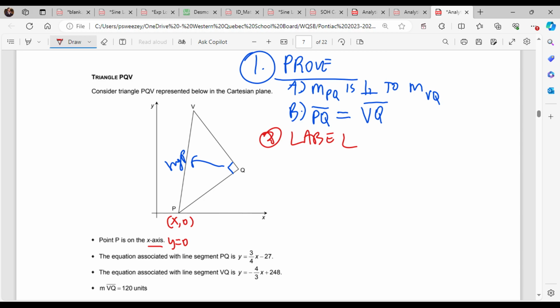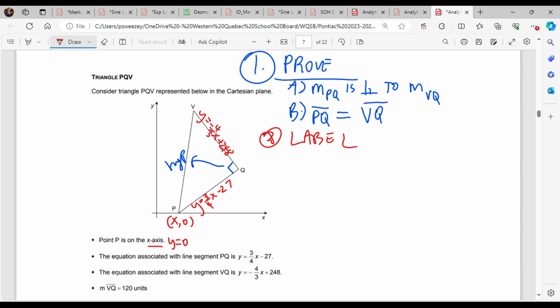Okay. The next thing is the rule of this line. So PQ is 3/4, so if you want to write it on here, 3/4 x minus 27, and then this guy here is y is equal to negative 4/3 x plus 248. Doesn't hurt, right?